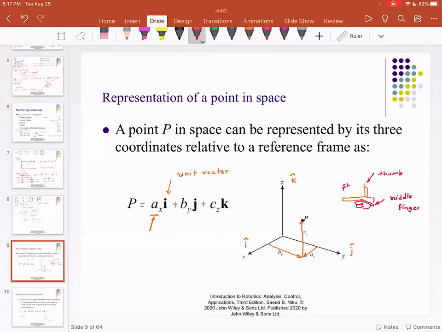This triad actually is forming the right hand coordinate system. So think about it like, I'm going to show you a slightly different orientation. Think about this as the thumb. This is the first finger. This is your pointer. And this is your middle finger. So this is X, Y, and Z.